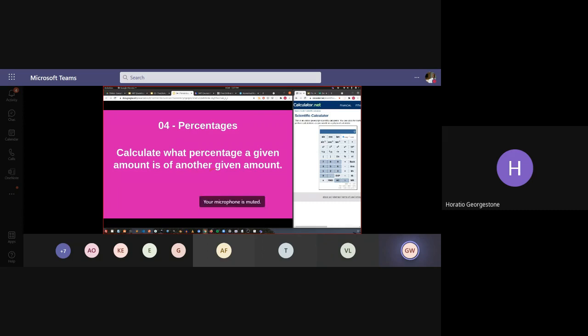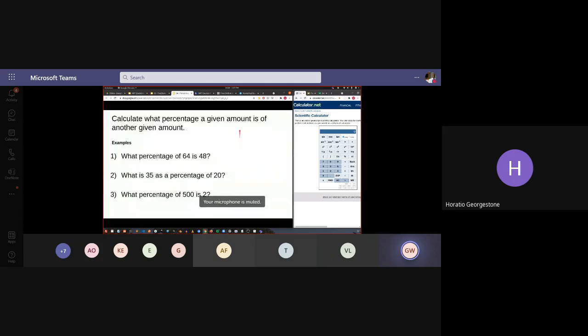Okay, so calculate what percentage a given amount is of another amount. This is basically what we did with fractions, but now we're doing it with percentages. So what percentage of 64 is 48? Again, the word "of" tells us this is the bottom of our fraction, if you like.